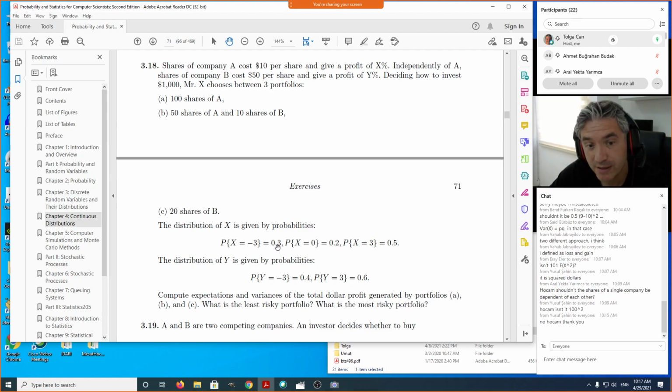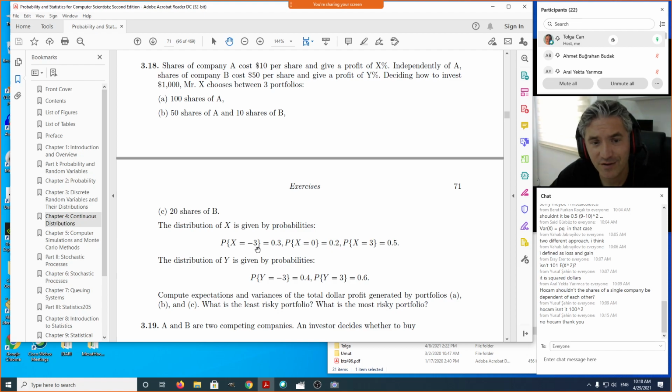Okay, so this is going to be 0.3 times the 3% decrease in the total price you pay, which is this $1,000. It doesn't matter how many shares you get of this, because if you lose 3% of this, you lose $30, right?